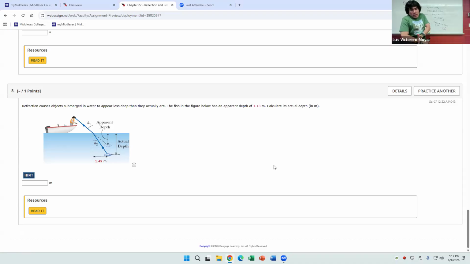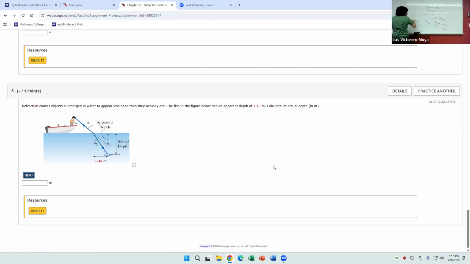So they give you a graph there of the actual position of a fish and the apparent depth. So you look at the apparent depth and the actual depth, right? So according to the person outside, the fish is at 1.13 meters below the ocean. What's the actual depth?